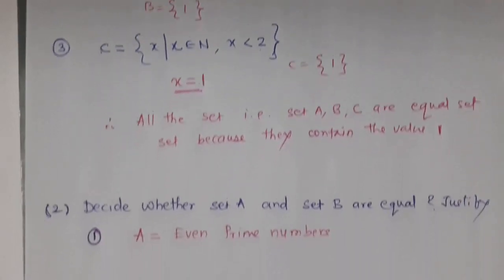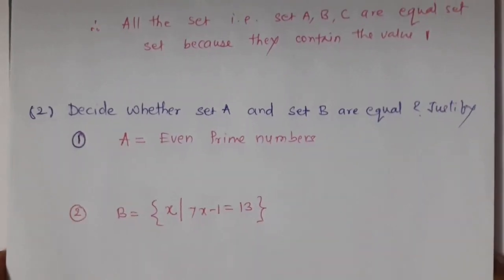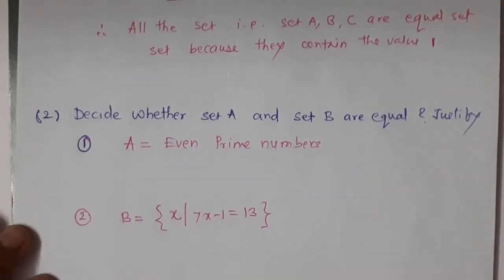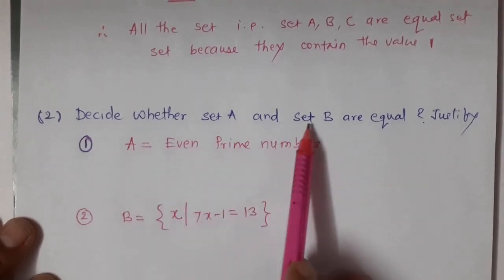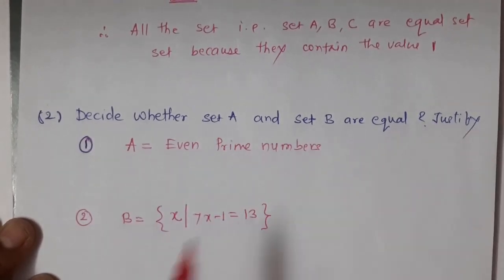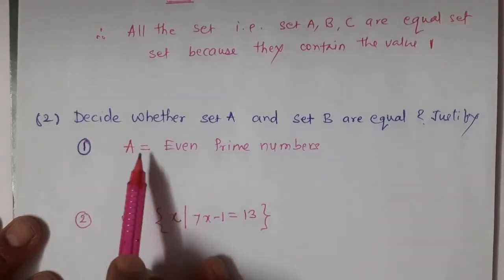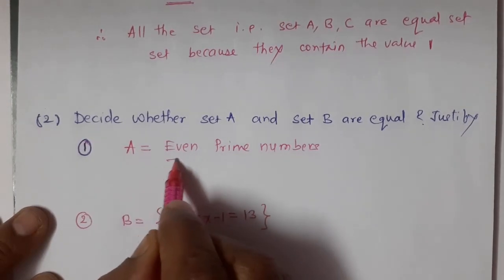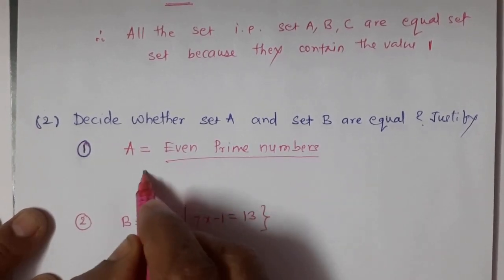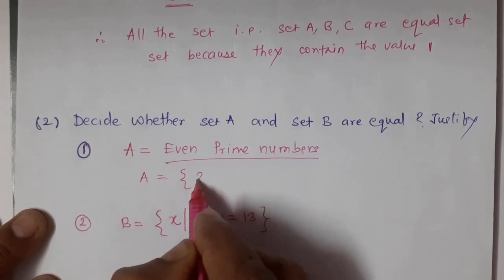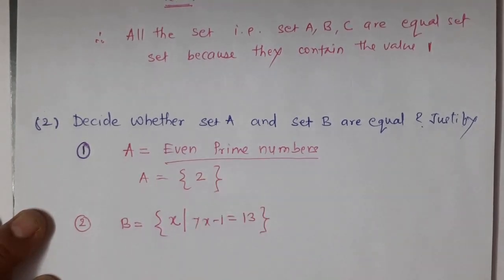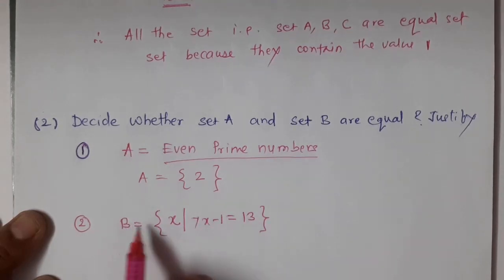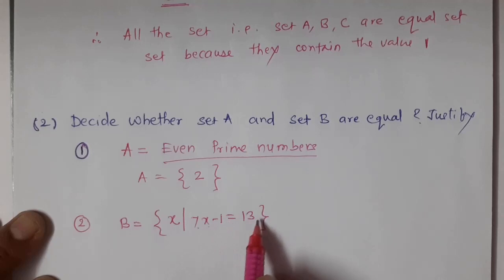Then second example, decide whether set A and set B are equal, and justify your answer. A is the set of even prime numbers. You know that the even prime number is only one number, that is, I am writing A is a set of 2. And B is equal to the set of x where 7x minus 1 is equal to 13.